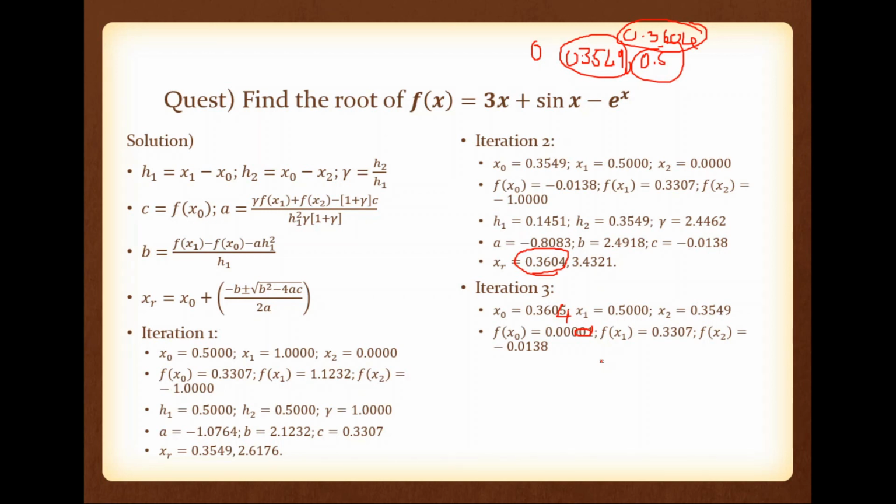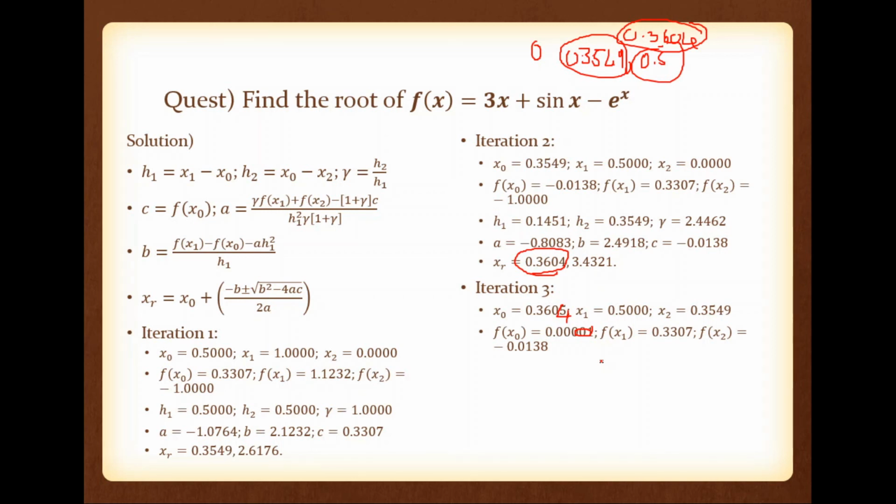So if you are writing an algorithm, at what point do we have to stop? If f of x0 is 0, definitely you can stop. But in some situations it will take more steps. So at that point, how do we restrict the number of iterations?